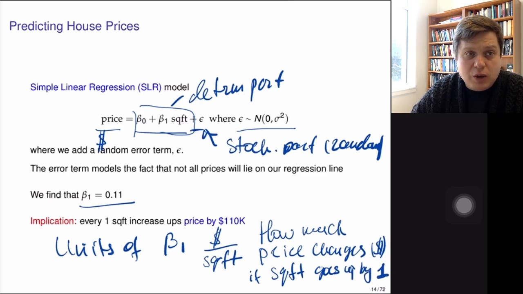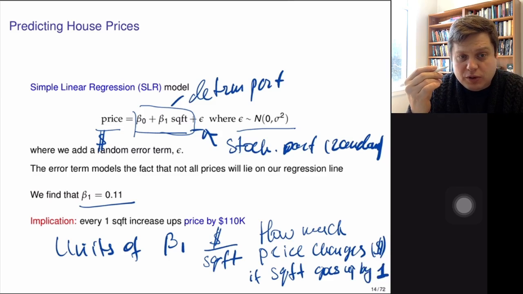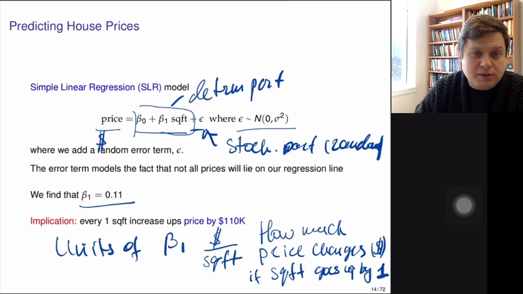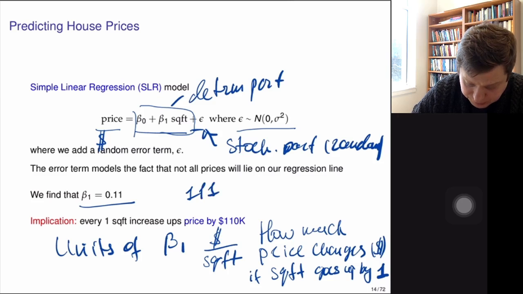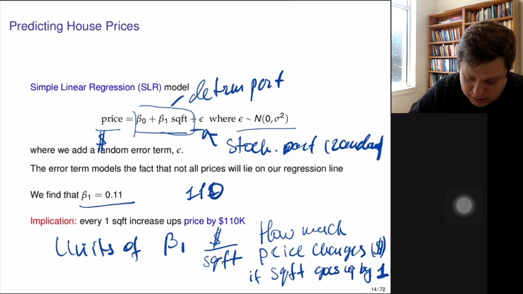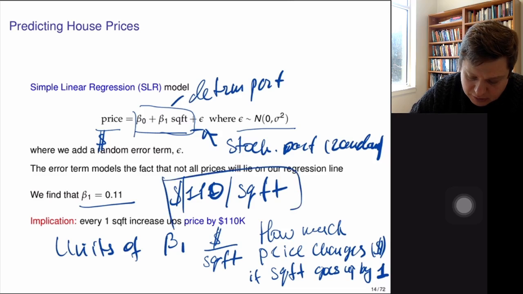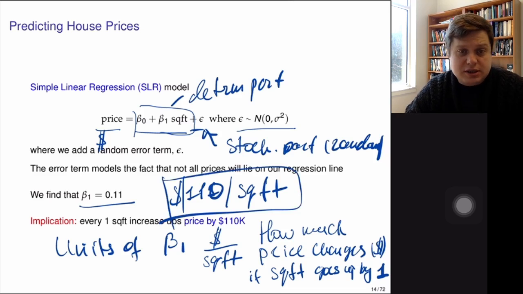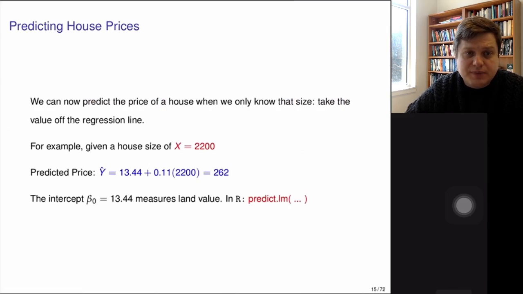So if your house has an additional 1 square foot of area, how many additional dollars do you expect? It happens to be 0.11. And remember, it's measured in thousands of dollars, so it's basically 110 dollars per square foot. So on average, a house in Saratoga County in New York is sold at a price of $110 per square foot. That's what the model tells us.